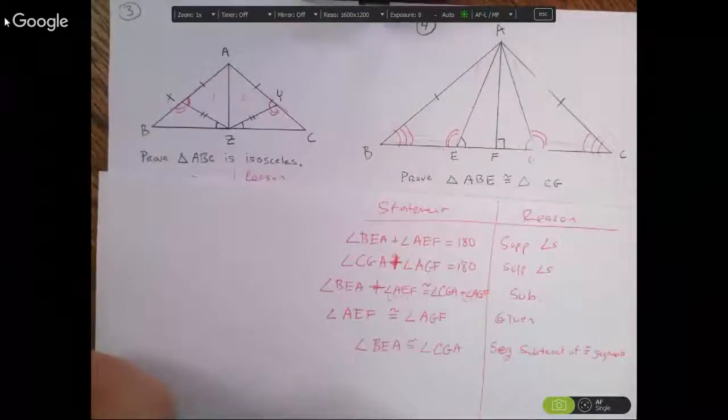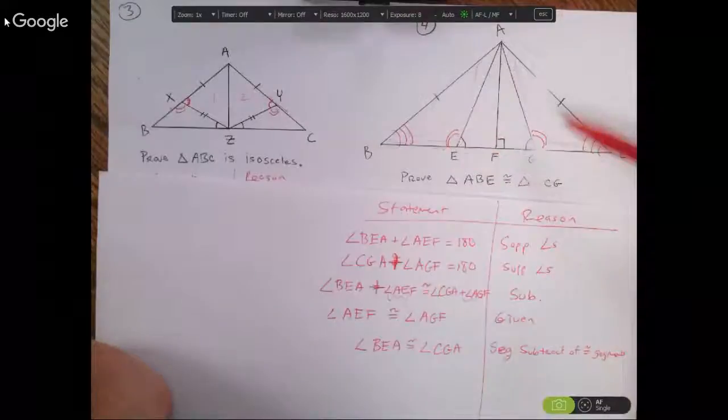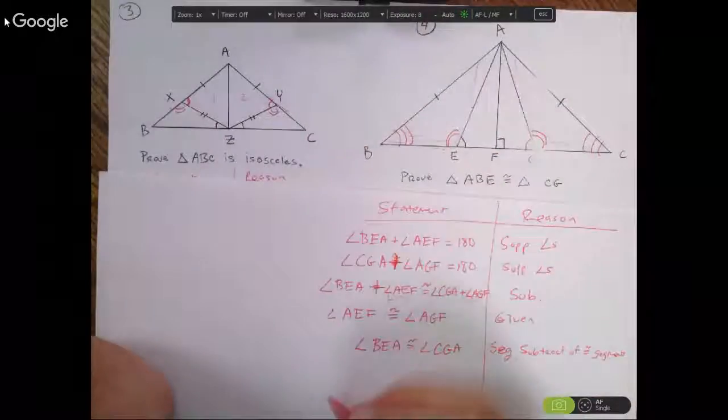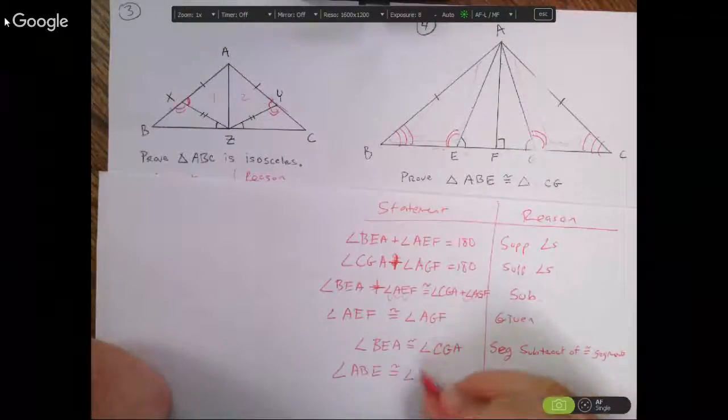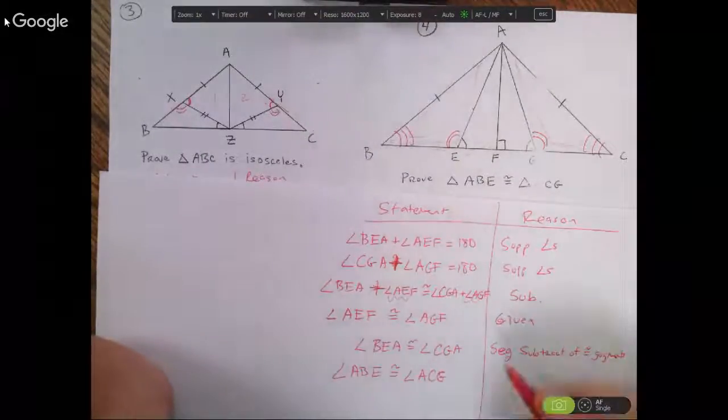And so now I just showed that BEA is congruent to that. Okay. So now I need to say that angle ABE is congruent to angle ACG. Okay, and that's because of isosceles base angle theorem.